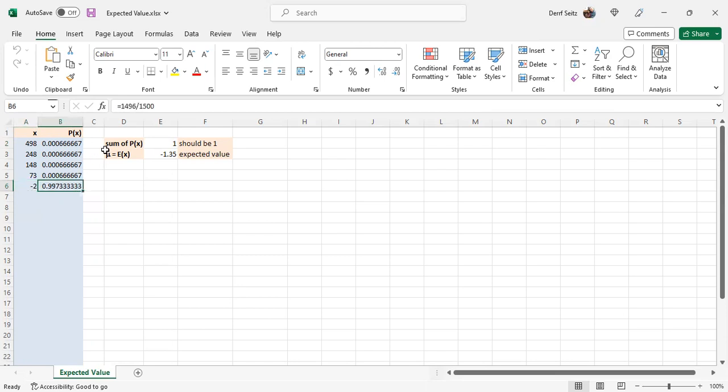And the probability of that is quite high. 1,496 of the 1,500 are losers. Only 4 are winners. So you can see the probabilities do not have to be typed in like this. They can be formulas. 1 over 1,500 is how we got this probability here.